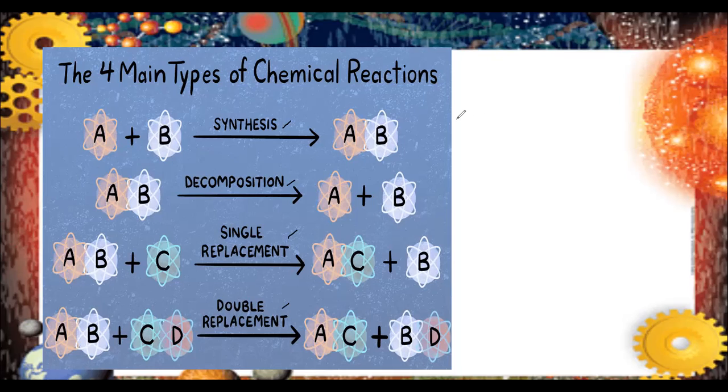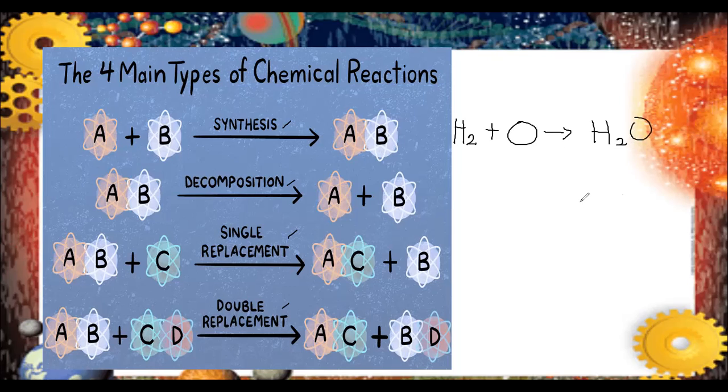Let us have an example. Let us write two atoms of hydrogen and an atom of oxygen. If we say synthesis, the result may be like this. Magsasama lang po yung naging resulta ng ating chemical reaction.